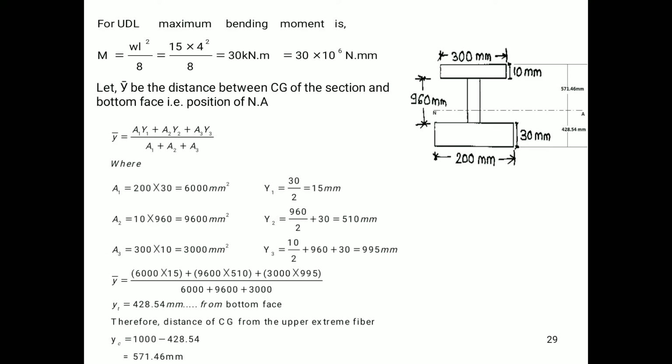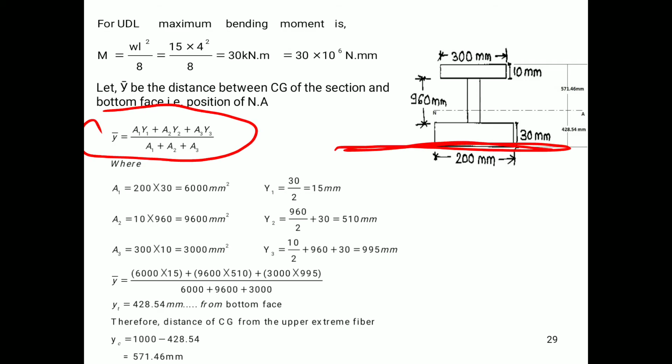Therefore, we have calculated the value of area and the value of y for the various sections. On putting the values of a1y1, a2y2, a3y3 into this equation, we have y bar equal to 428.54 mm from the bottom face, because we have considered all values from the bottom side.